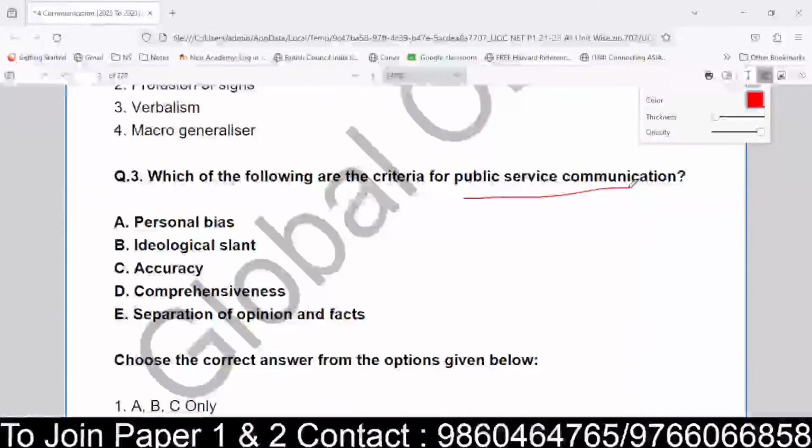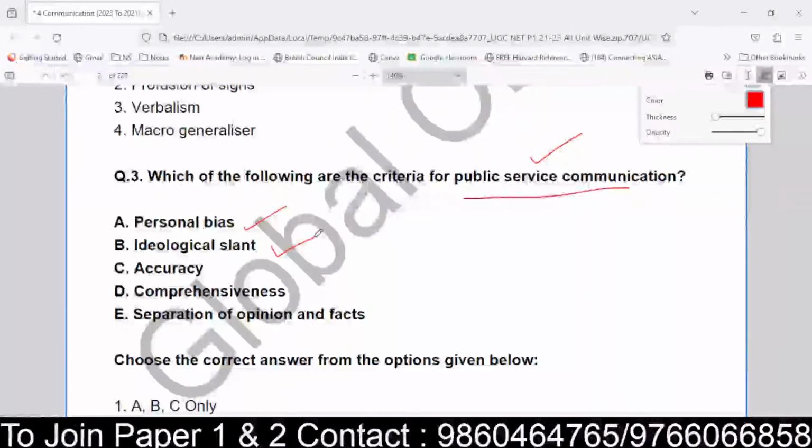So when you are passing a message, what is the criteria? Obviously in public service, whenever you pass a message, you should not bring biasness or ideological slantness. These two things are negative.